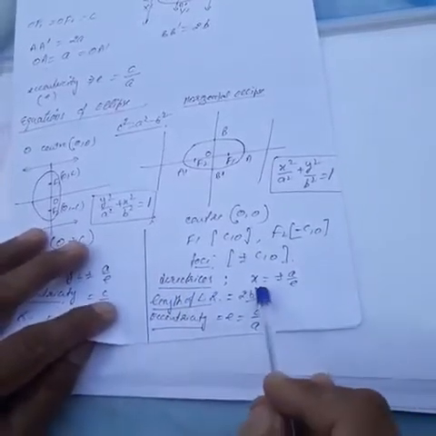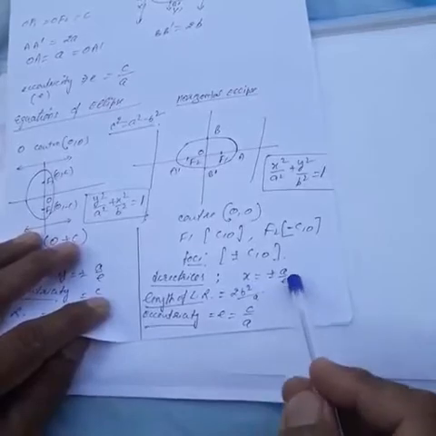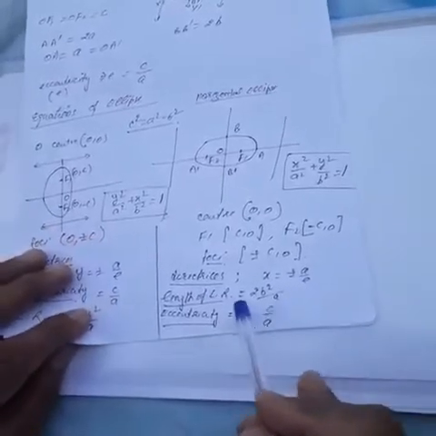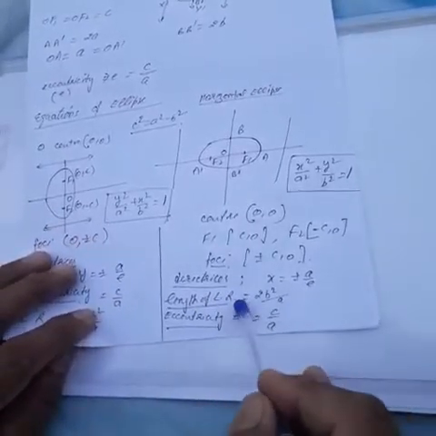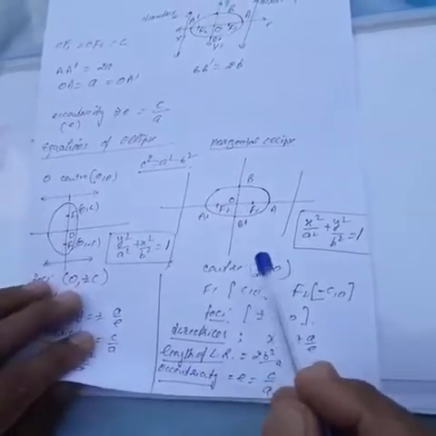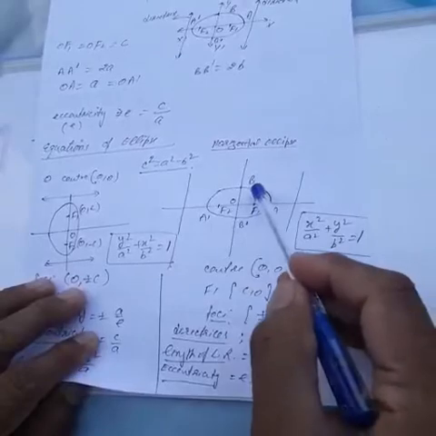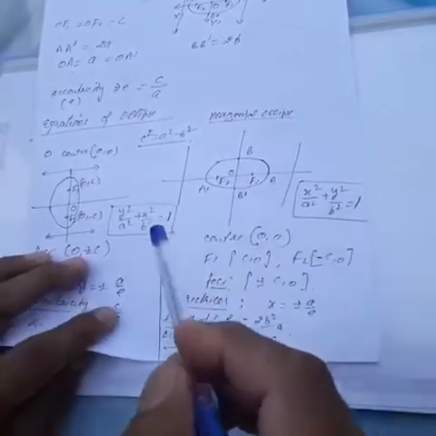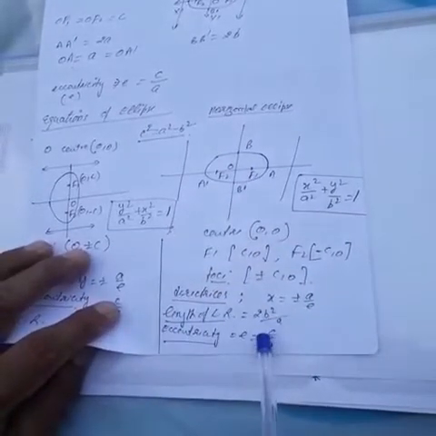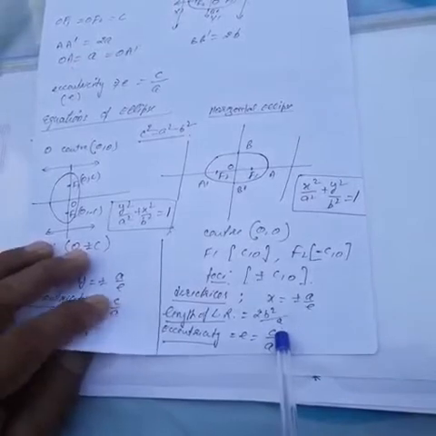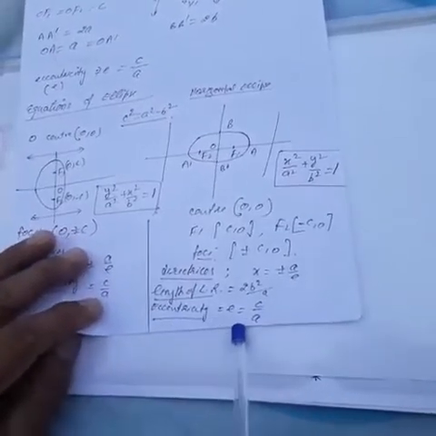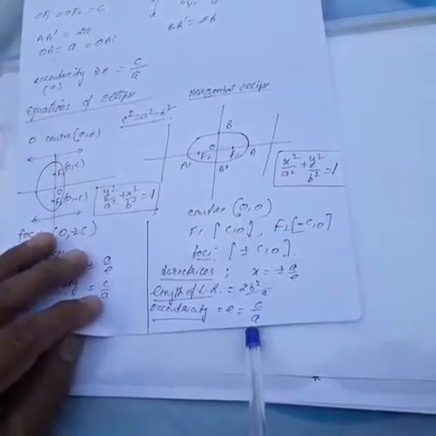For the directrices, the formula is x equals plus minus a upon e. Length of latus rectum: the latus rectum is a line passing through one of the foci touching the ellipse. The formula for calculation is 2b square upon a. Eccentricity is c upon a.